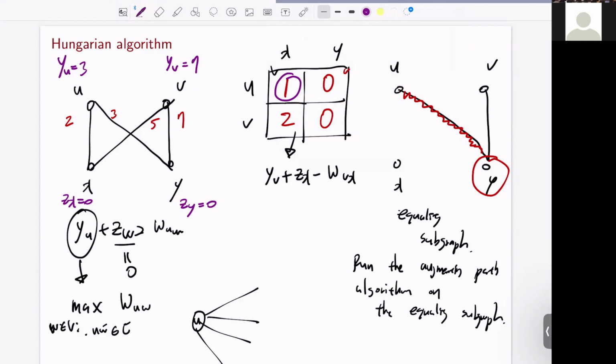Among the edges that are not covered by this vertex cover, I'm going to pick the smallest value in the table, 1. So I'm going to increase the value of y by 1. Okay. And I'm going to decrease the value of u by 1. I'm going to decrease the value of v by 1.